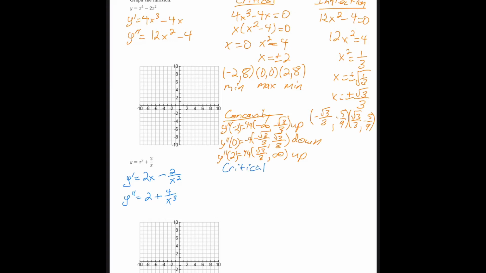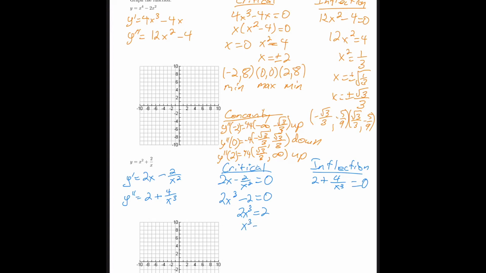The second derivative would be 2 plus 4 over x cubed. So find the critical and the inflection points by setting those equal to 0. So 2x minus 2 over x squared equals 0, and 2 plus 4 over x cubed equals 0.